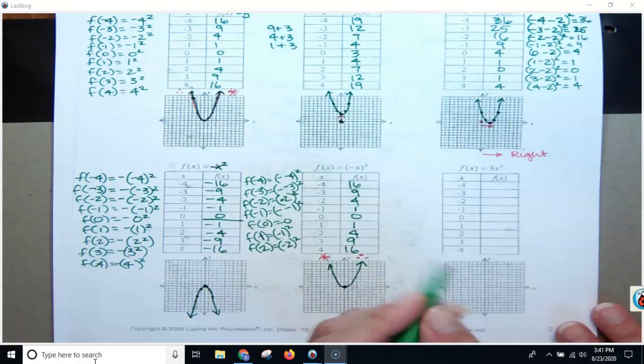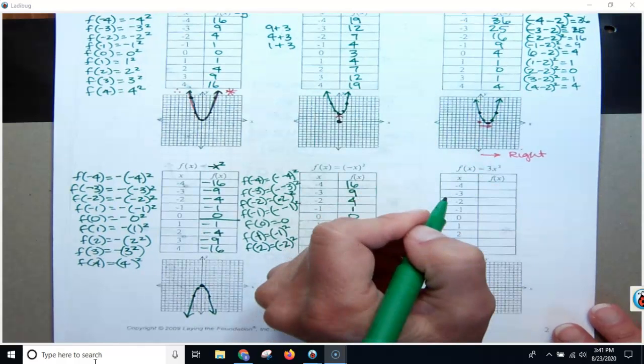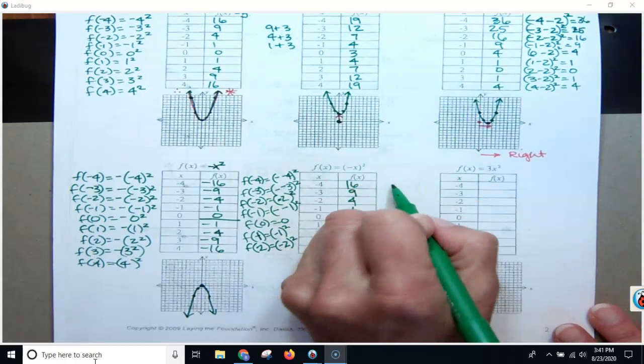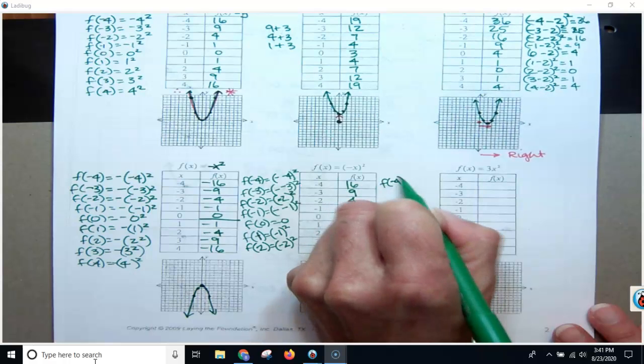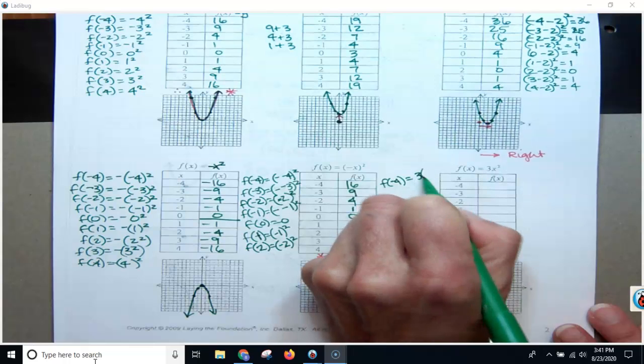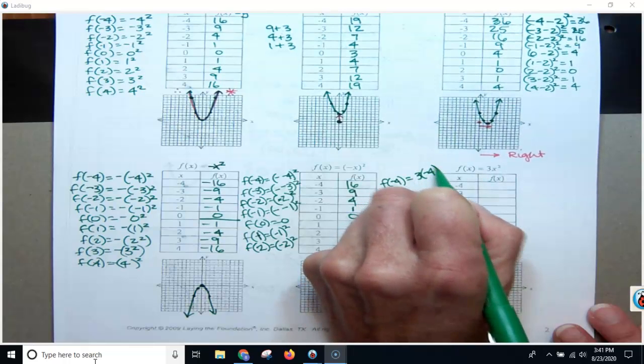Now here, this is a 3x squared, so we're going to just do the same thing. F of negative 4 equals 3 times negative 4 squared.